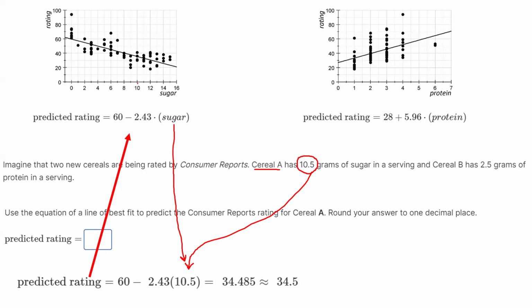So again, the data are just jammed together. 10.5 grams of sugar, it's going to be just around this. We don't have the actual rating for it, but when we're using the regression line, y hat, the predicted rating is going to be 60 minus 2.43 times sugar, which is your x.